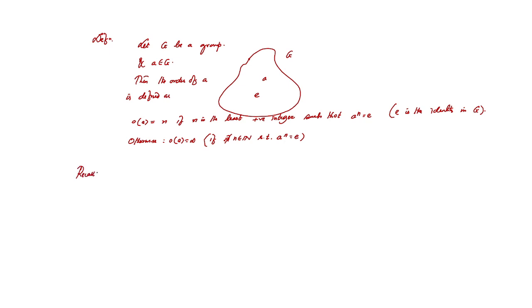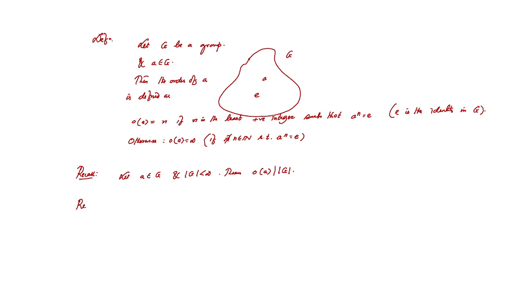Let A belong to G and the order of G is finite. Then order of A must divide the order of G. So that means the order of an element must divide the order of the group.